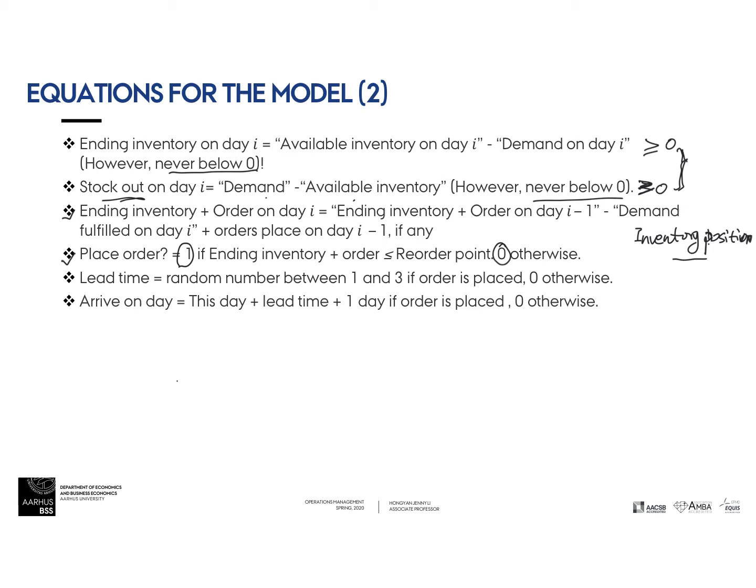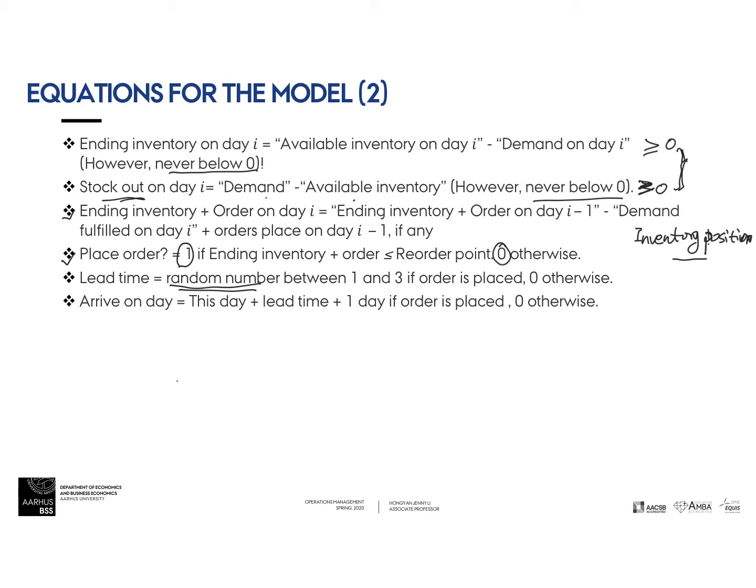And then lead time. So this is also a random number or random input for your model. It's a discrete distribution, and then you can use a lookup function as well, or you can directly use a discrete distribution. And then arrive on the day.